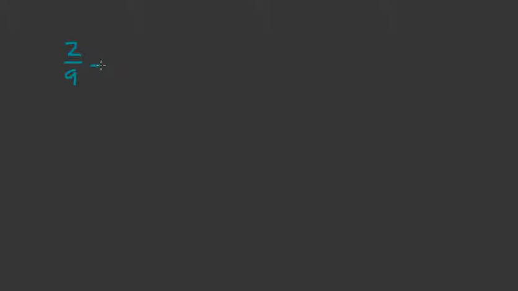So we have 2/9 minus 2/3 times 1/5 plus 1/6 plus the square root of 36 divided by the square root of 49. Okay? So how are we going to solve this?